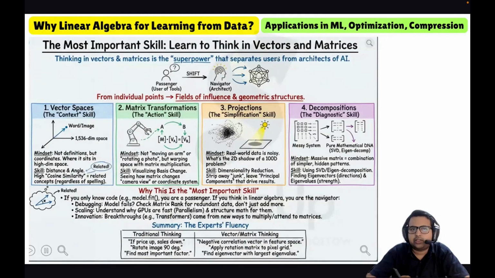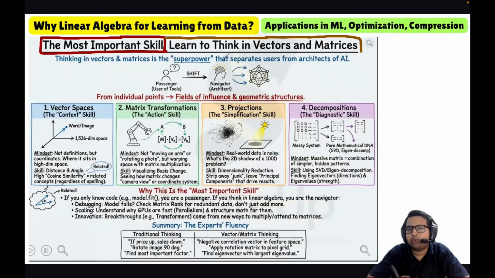Now let us discuss the most important skill. The most important skill is to learn to think in vectors and matrices. We have to transform a real world problem into a matrix problem. This is the most important skill.